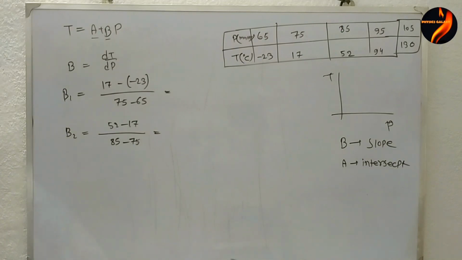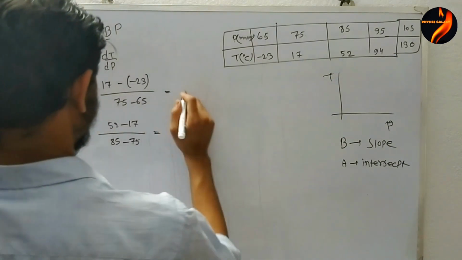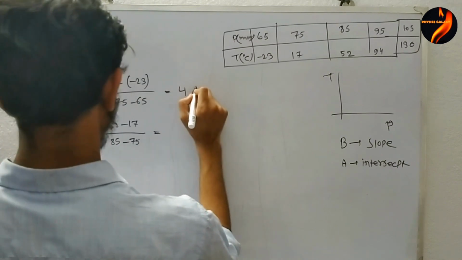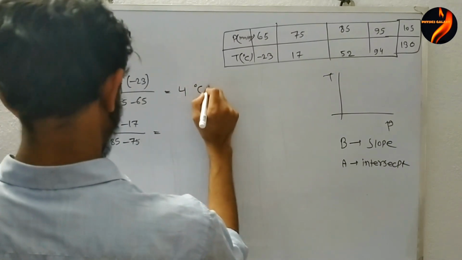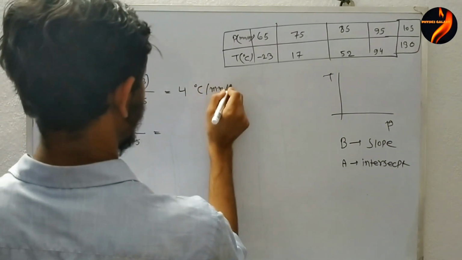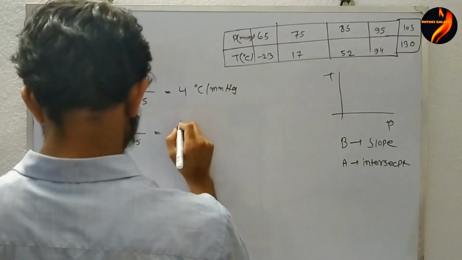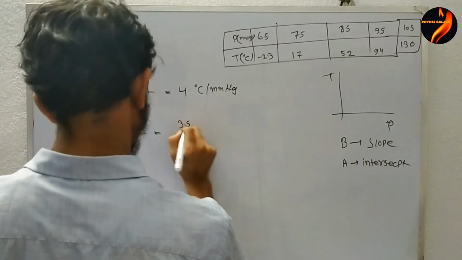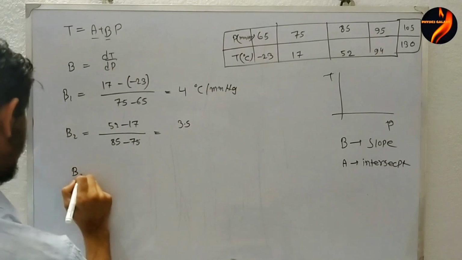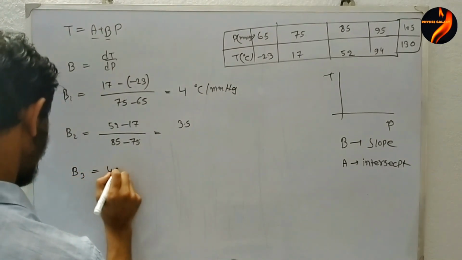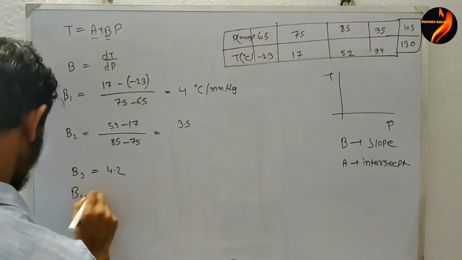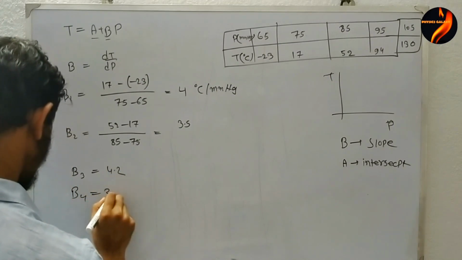After calculating these values, we get 4 degree centigrade per millimeter Hg, and then 3.5. Similarly, B3 we get 4.2, and B4 we get 3.6.